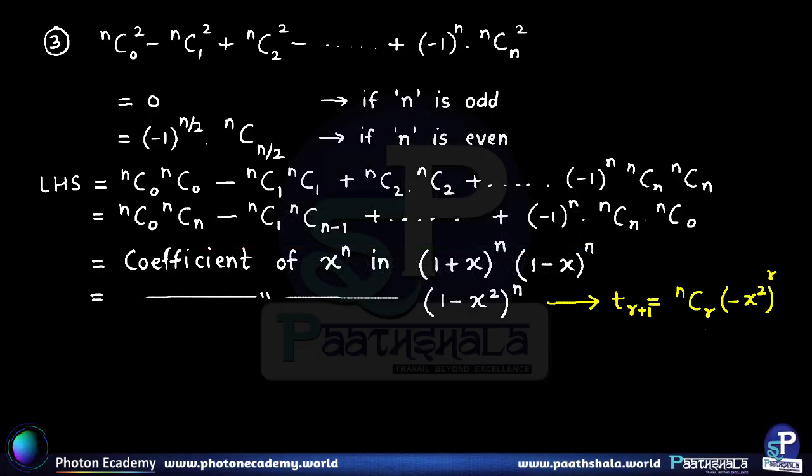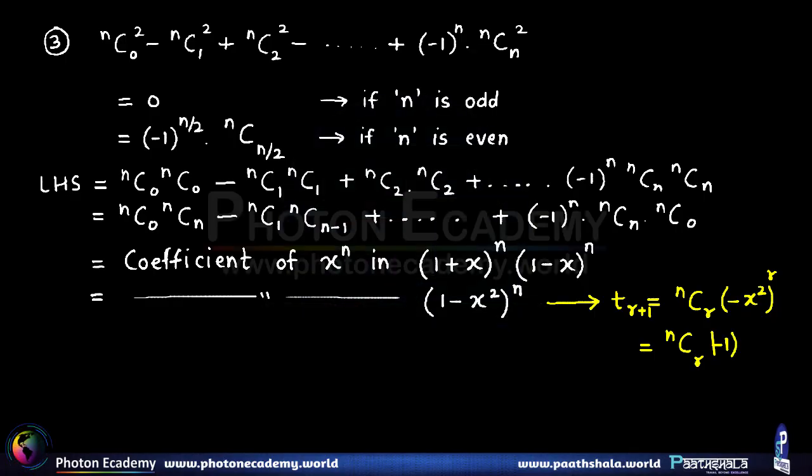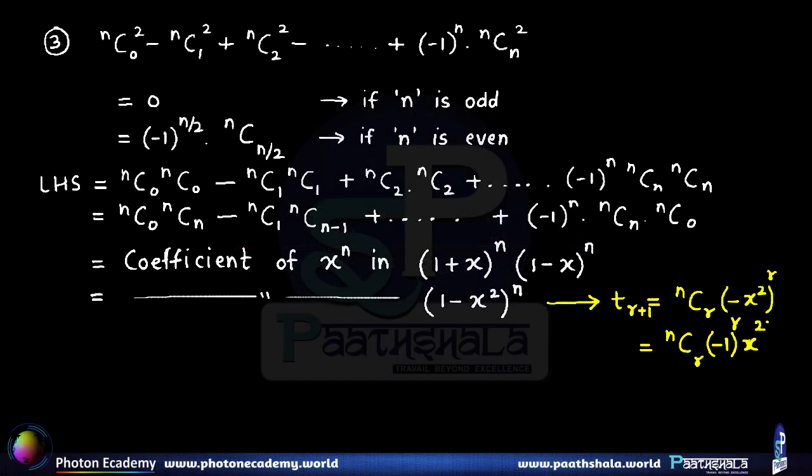So this is how the general term appears. Just rewriting that, we have nCr into (minus 1) raised to r into x raised to 2r.